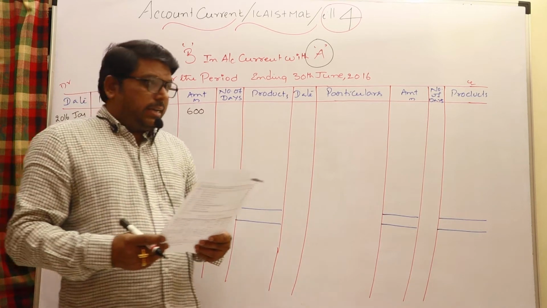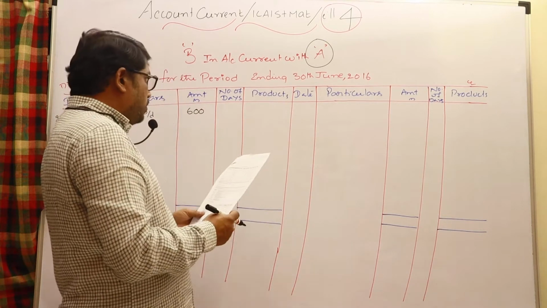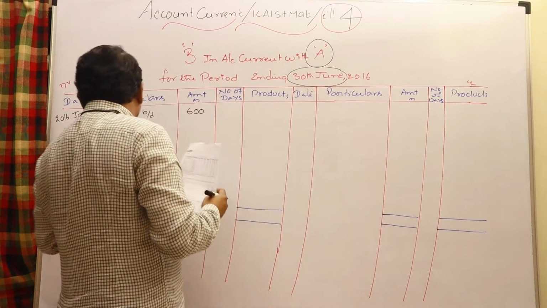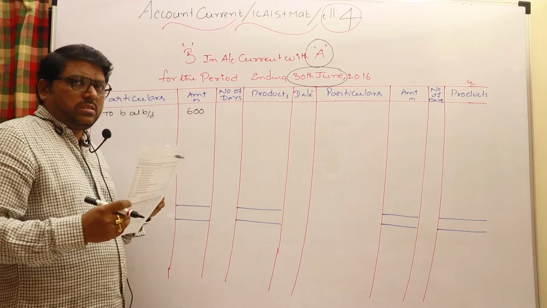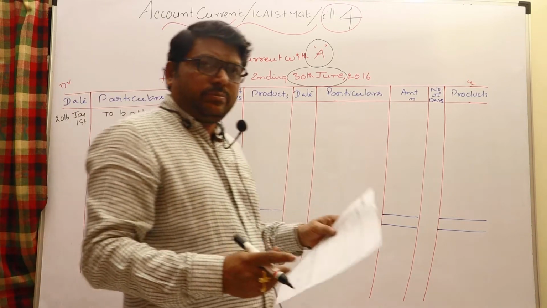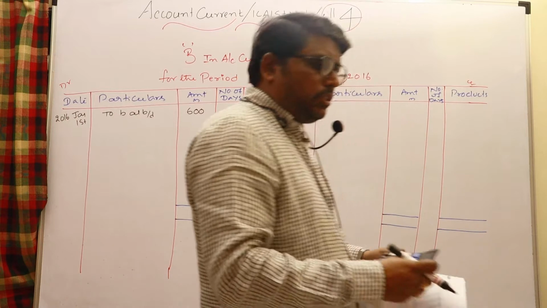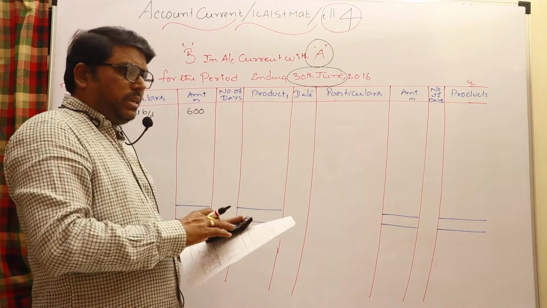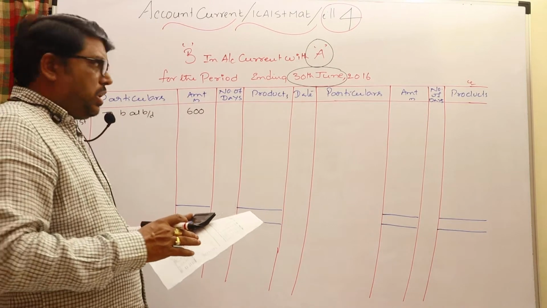First of all, to balance brought down 600 rupees, and you have to calculate the number of days up to 30th June. Moreover, for the opening balance, that day also should be considered. For transactions, that day should be excluded. Moreover, 2016 is a leap year, so take February as 29 days.